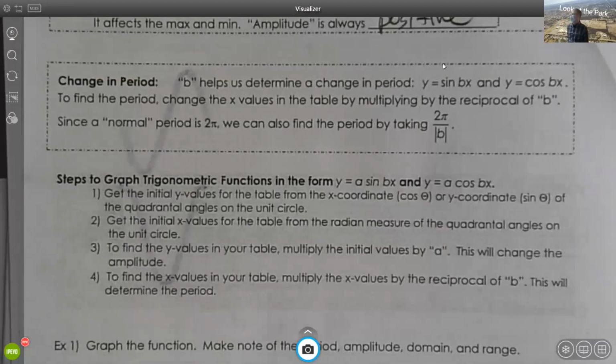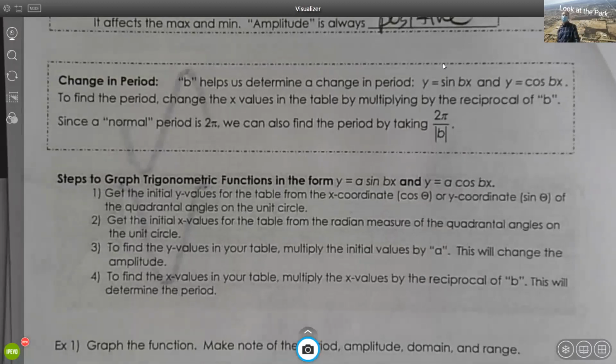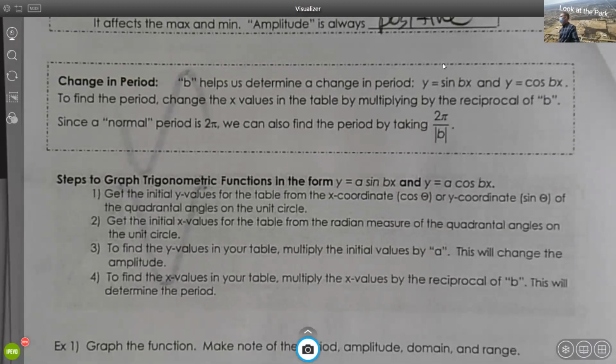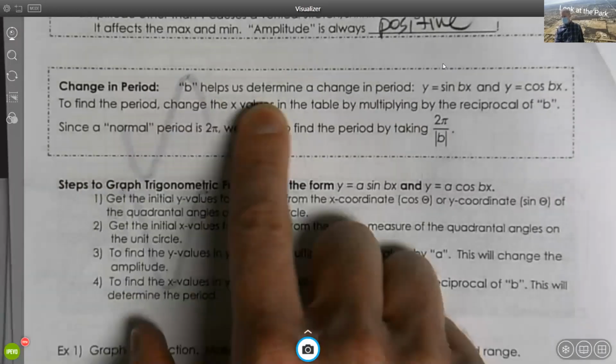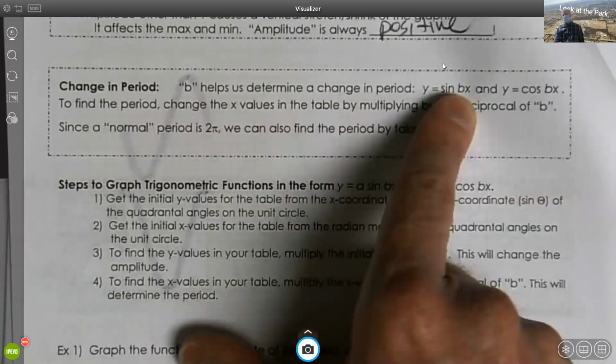Now, the part that gets these all really confusing is this change in period, when the graph is actually going to go through its full cycle in a shorter amount of time. Right? It just goes faster. A faster heartbeat is going to go through it quicker over the same amount of time. So the B helps us determine the change in the period. Look at where the B goes.